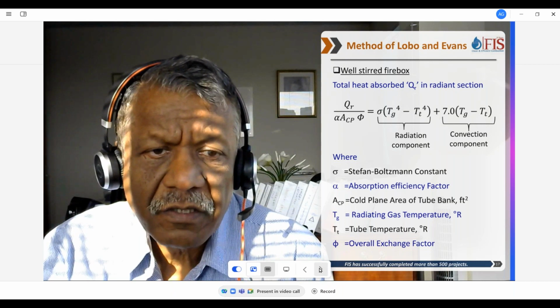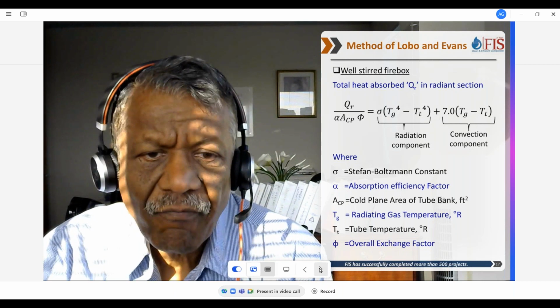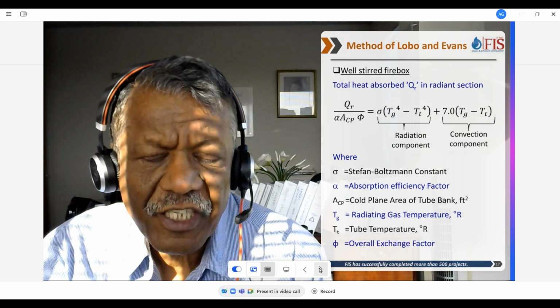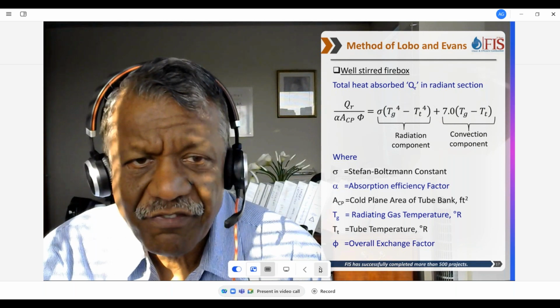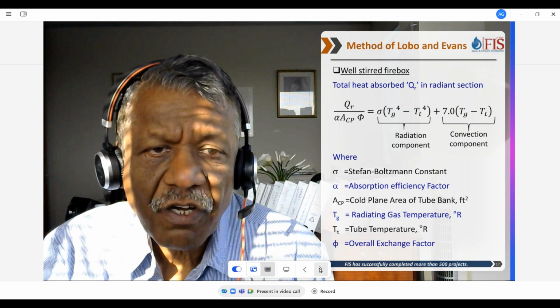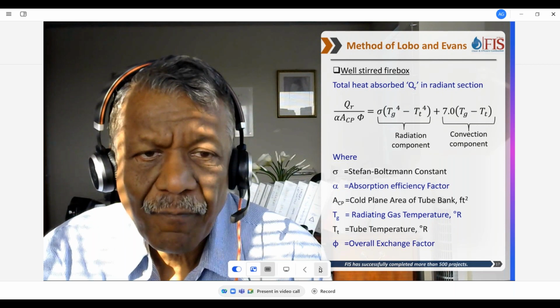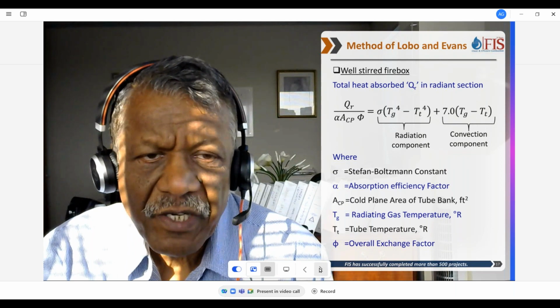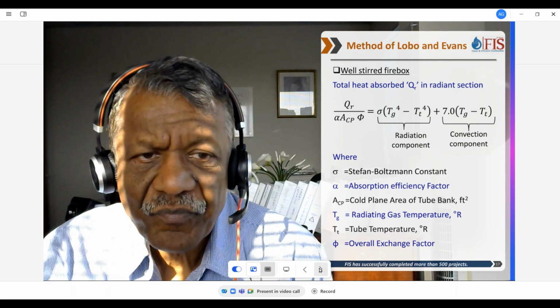And if you see, sigma is the Stefan-Boltzmann constant, which I think all of you should be very familiar with. Tg is the temperature of flue gas leaving the radiant section, so we measure it in degrees Rankine.